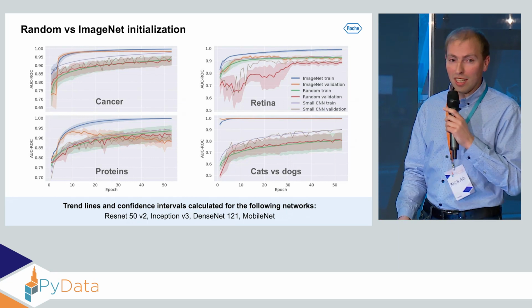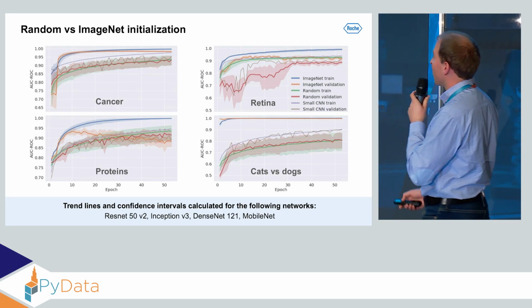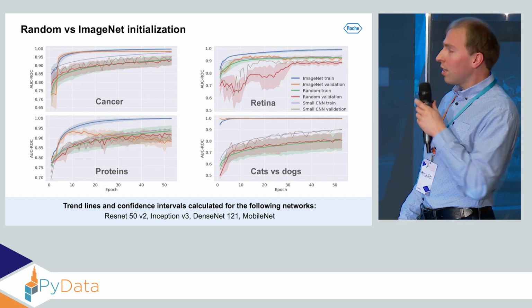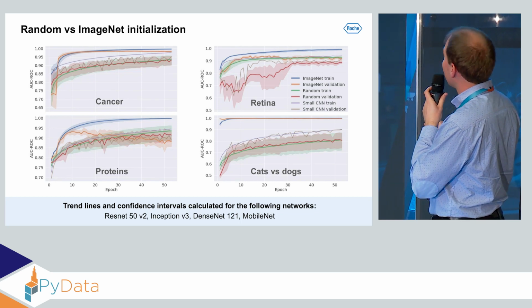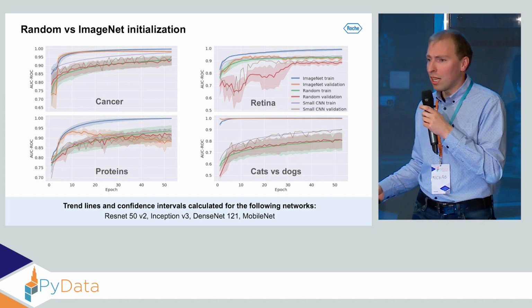Here you can see quite a lot of aggregated results. Maybe let's focus first on the upper left chart for a while. The blue and the orange lines here represent the training and validation performance for the pre-trained networks.